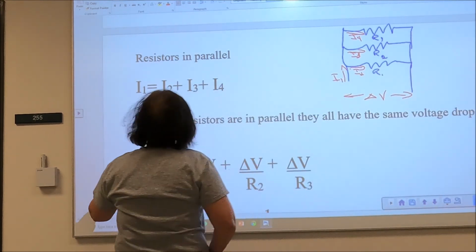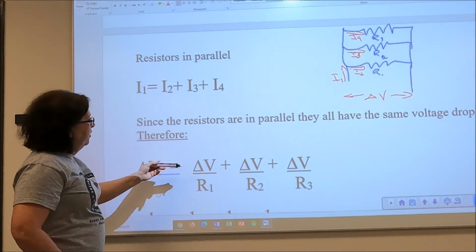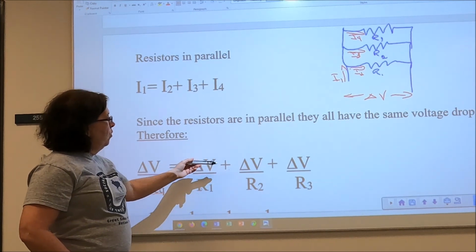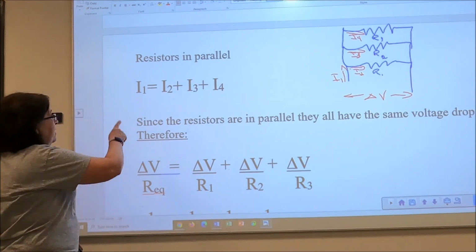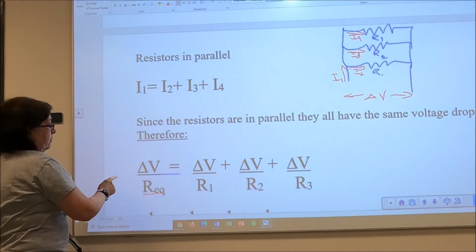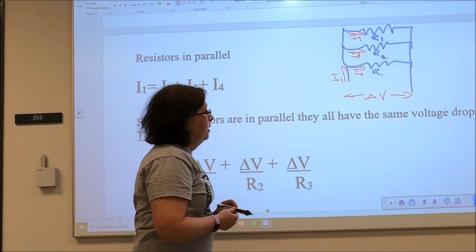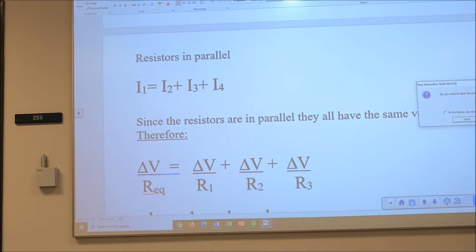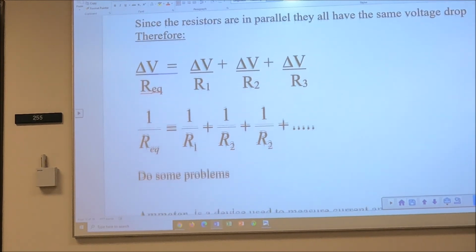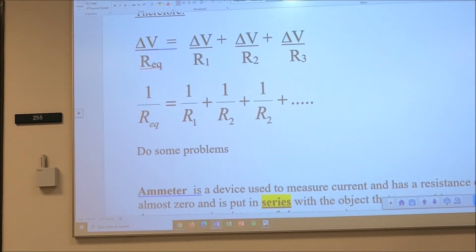So delta V over R equivalent is equal to delta V over R1 plus delta V over R2 plus delta V over R3 to get the current. What it comes down to is 1 over R equivalent is 1 over R1 plus 1 over R2 plus 1 over R3.